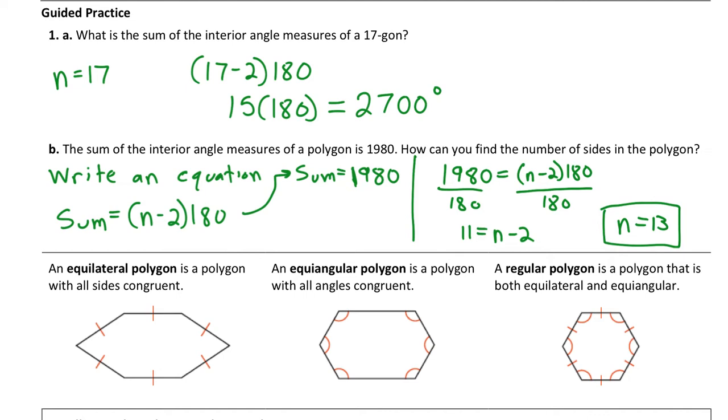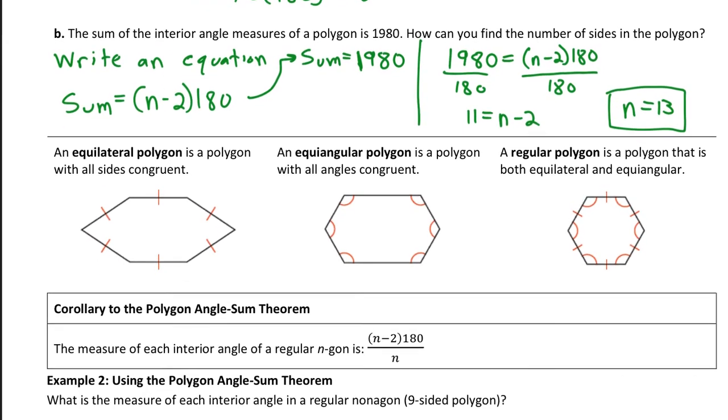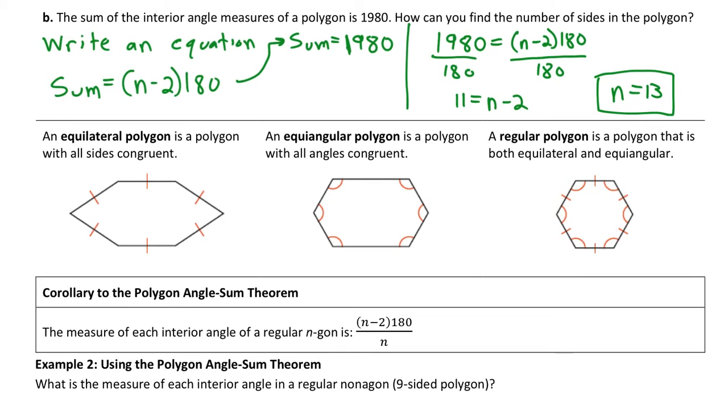In part B, that's a little bit tougher, but it's what we're going to cover next, which is to find the number of sides. So basically approaching the problem from a different angle, you set up some sort of equation where the sum is equal to the number of sides minus 2 times 180. So you'll see on the right, I set the sum equal to n minus 2 times 180.